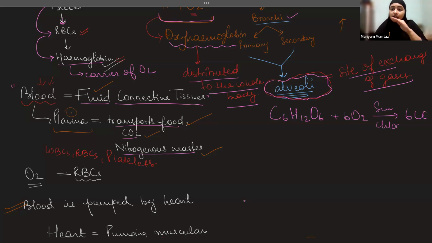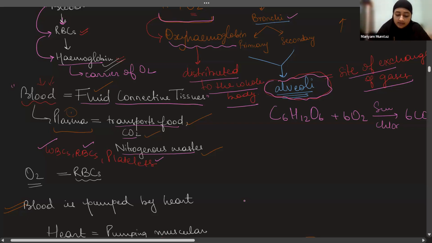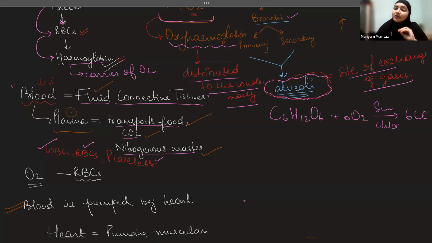Apart from the ground substance of the blood, there are certain cells present in the blood, such as WBCs, RBCs, and platelets. Now, do you know the scientific or biological name of WBCs? White blood cells, ma'am. No, white blood cell is the English name. What is the biological name?